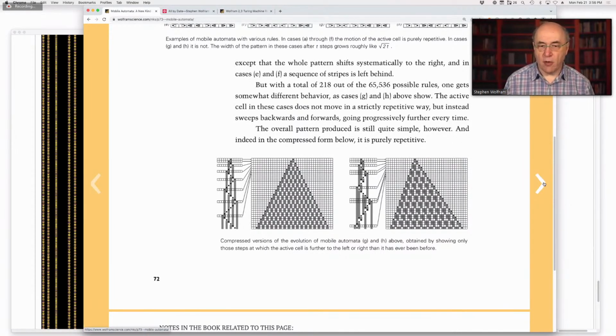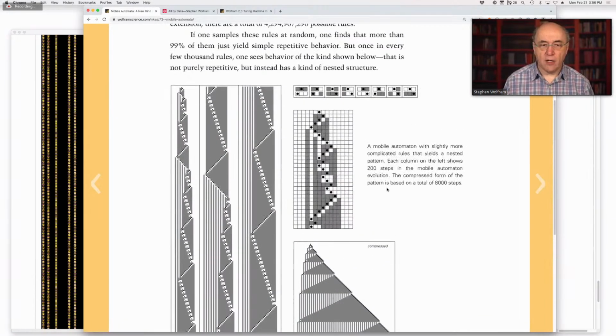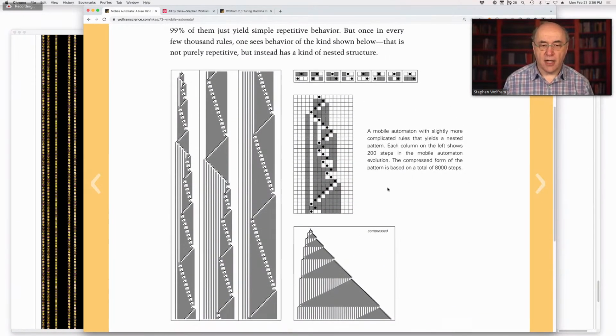So, okay, what's going to happen here? Well, we can look at mobile automata, and we can start looking at what kinds of behavior you can get. This is a more elaborate mobile automaton. In this particular case, it's a little bit generalized, because instead of filling in the value just of the center cell, it fills in the values of the two neighboring cells as well.